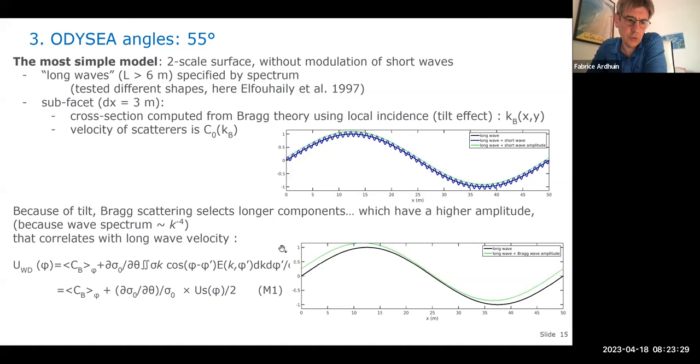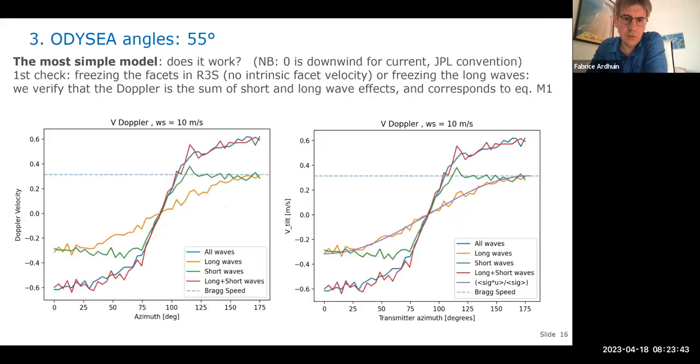So to make a long story short, basically you have a wave Doppler velocity, which you can write as some average Bragg velocity plus some effect of the tilting of the long waves and this change of the Bragg amplitude. And so we've been playing with just this very simple modulation effect. So we take an ocean surface that was discretized with a resolution of 3 meters.